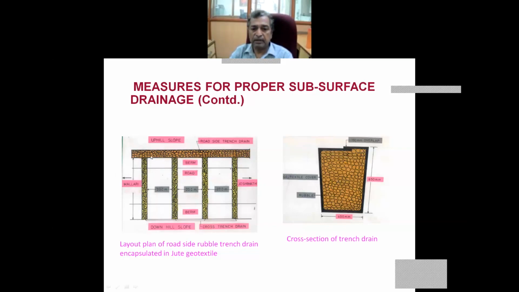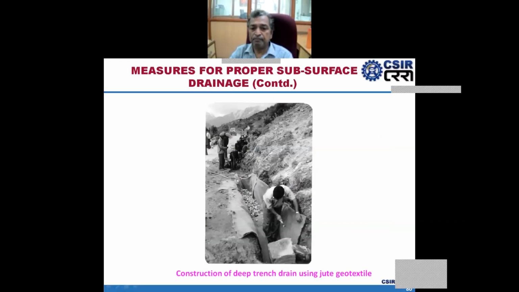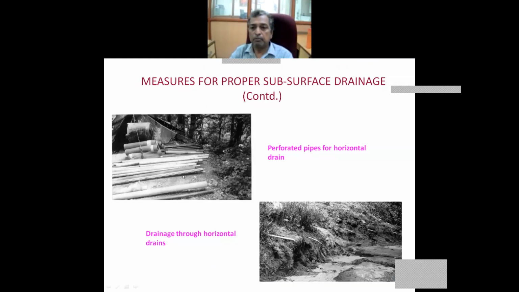On the uphill side, a trench was made. And if you see, this is the actual view of the trench drain and geotextile wrapped around aggregate materials. Another one is proper subsurface drainage, where a perforated pipe is inserted in the slope and water is coming out like this.